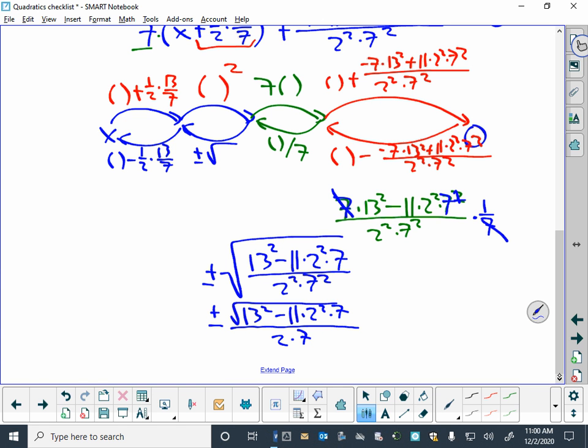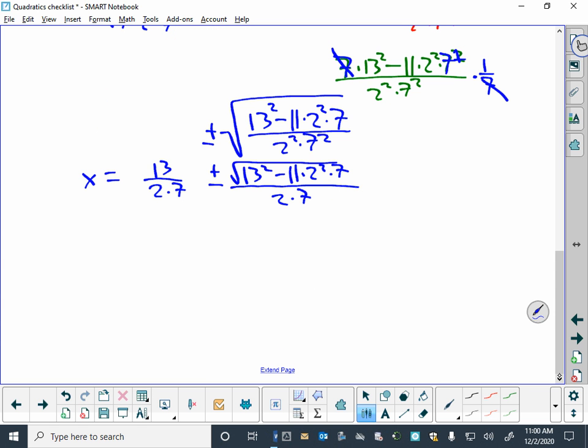I'll do that out in front. Adding a negative is the same as subtracting. So this is a 1 times 13 over 2 times 7, and I find that these are my answers. Okay, they happen to both have the same denominator, so I can write this as, let's see, this was negative out here.